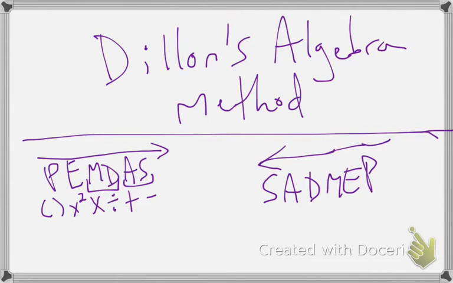But you'll notice that most of the time on our assignments, and in general when you do algebra, you don't actually have parentheses. They're pretty rare. There are problems where sometimes it's full SAD MEP, but the majority of the time you don't have the P there. And so it remains a very easy to remember acronym, the very most emo of them all.